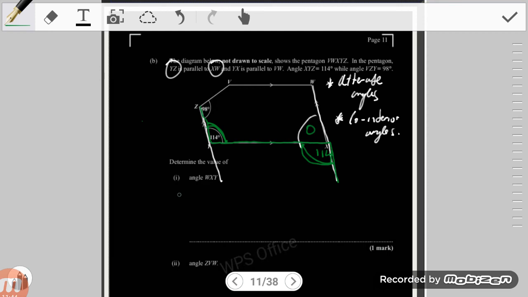So we could write it this way: the external angle of angle WXY is equal to 114. And then we'll give a reason, and we'd say alternate angles.